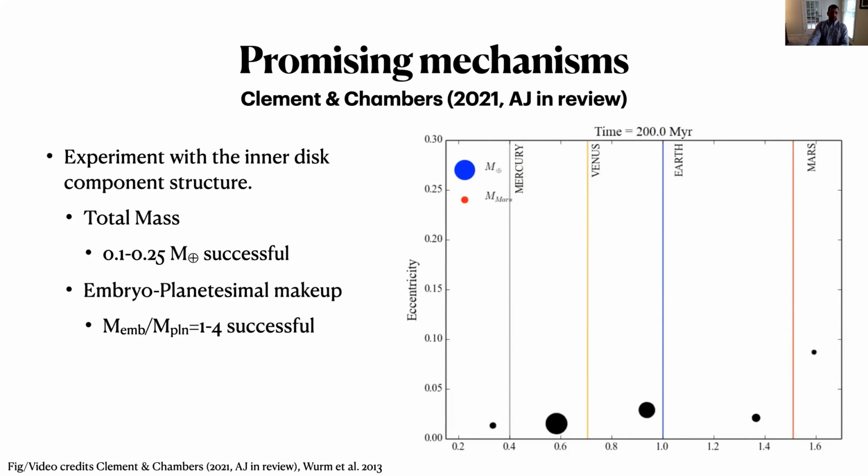We also experimented with the distribution of material in terms of the amount of mass locked in larger embryos and that embedded in smaller planetesimals. We found slightly larger total planetesimal masses to be more successful, as the added dynamical friction and gravitational interactions with planetesimals helps to essentially isolate Mercury and decouple its formation from Venus's.